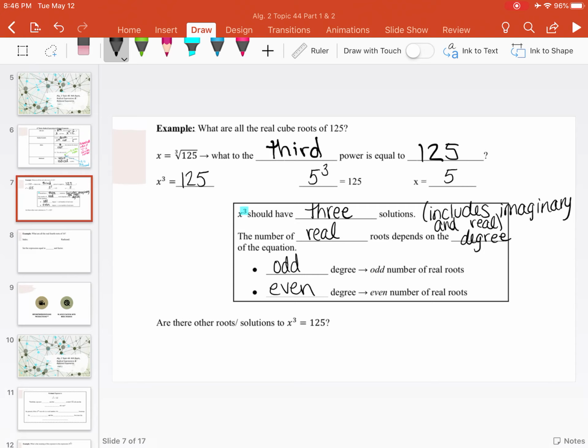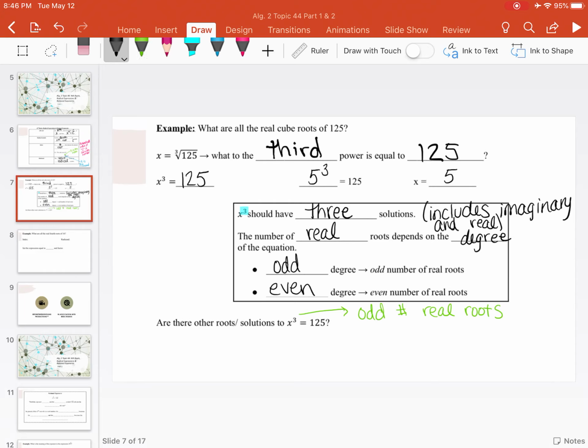Let's look back at our problem again. Are there any other roots to x cubed equals 125? Since it's x cubed, we're going to have a total of 3 solutions, and we know specifically that we're going to have an odd number of real roots.